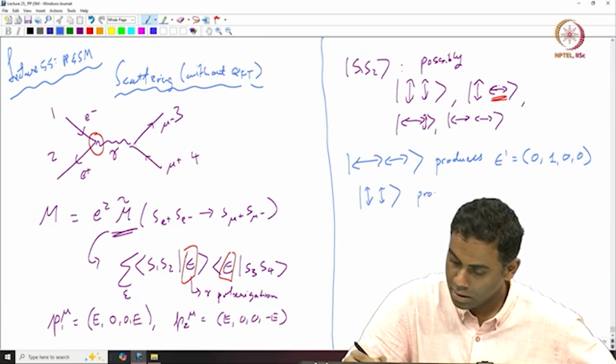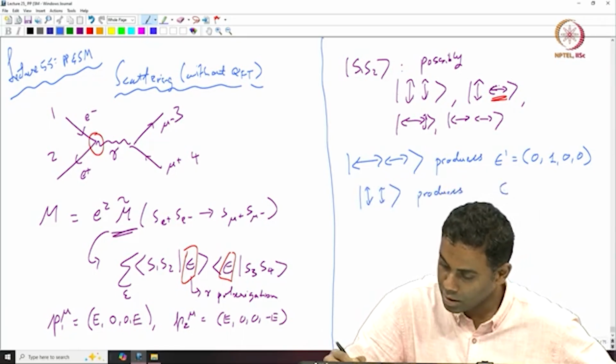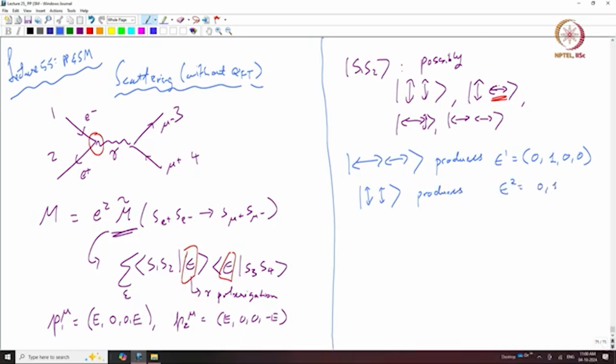And this produces another polarization. Sorry, this is 0. This is what we call y now. Another polarization in this vector. Correct? Because if I have this and this, they're not going to add up to 1. The spins are not going to add up to 1, and I'm not going to get the correct polarization for the photon. Okay. That's the initial state.